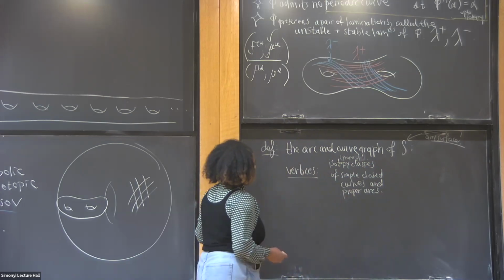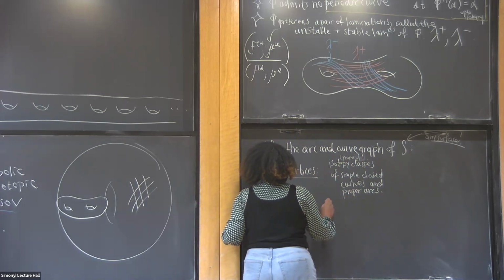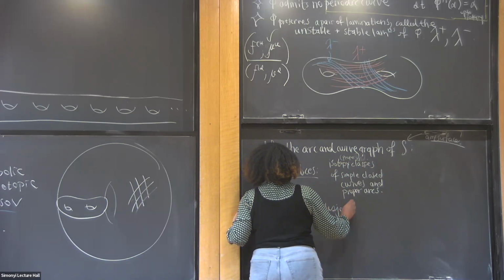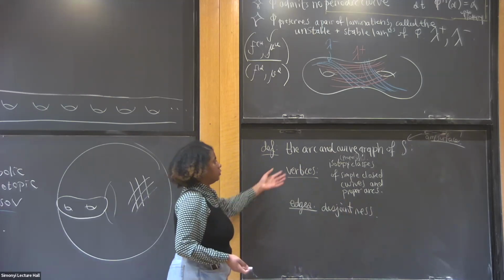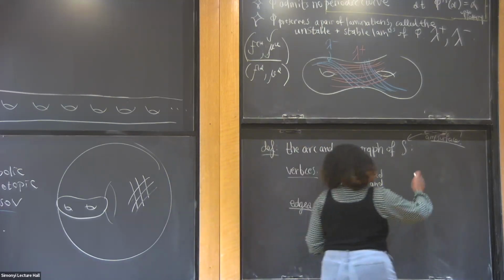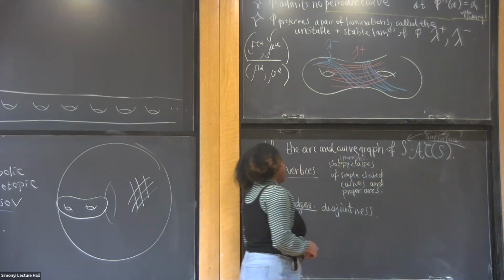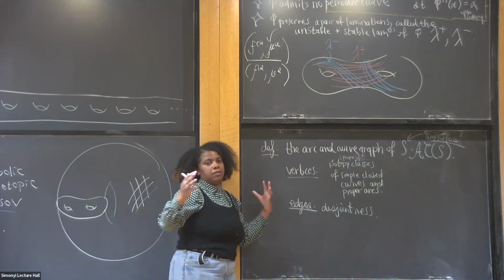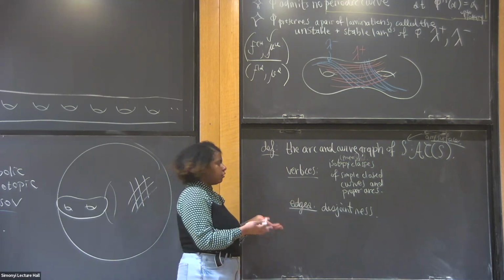And then the edges are going to correspond to disjointness. So maybe you're more familiar with just the curve graph. I'm kind of throwing them all together. I'm going to call this AC of S, into one graph. And it is quasi-isometric to the original curve graph, if you're more familiar with that. But I just like to see the arcs together.